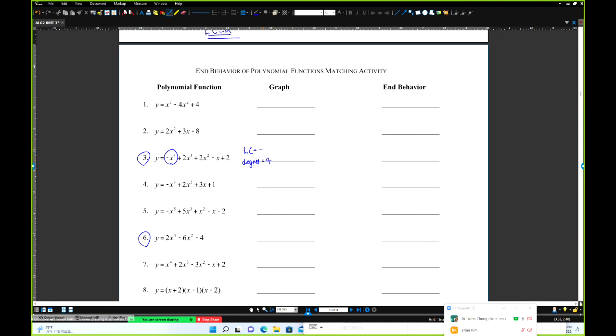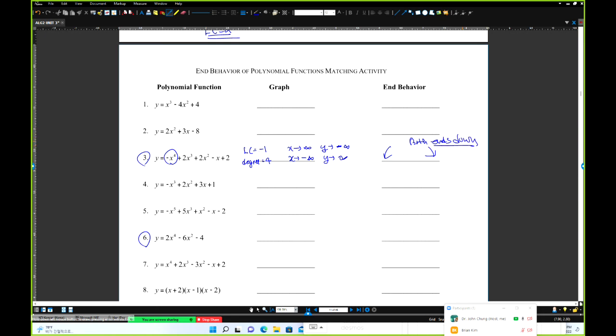Negative 1 times x to the 4. When x goes to infinity, y goes to negative infinity, right side down. When x goes to negative infinity, fourth power is still positive infinity, but the leading coefficient is negative, so it's negative infinity. Both ends down.